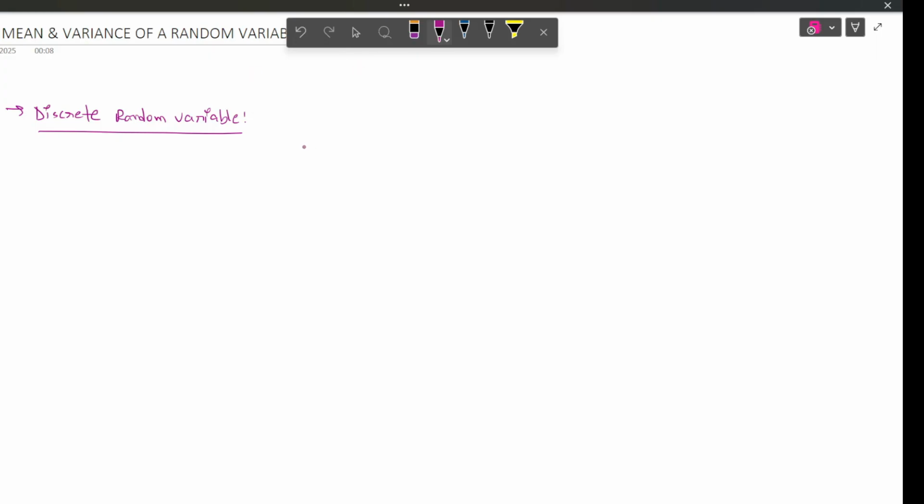Let us say that we have a set S, the sample space associated with a given random experiment. Then a real valued function X which assigns to each event, let us say each w belonging to the sample space S, a unique real number X of w, is called a random variable.